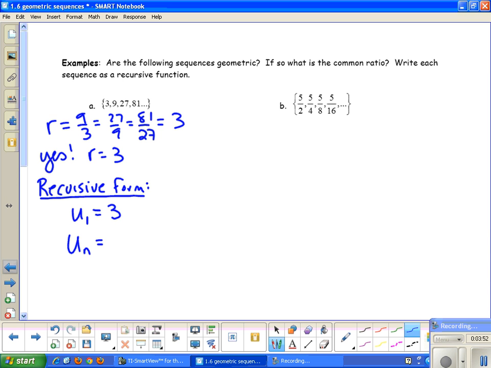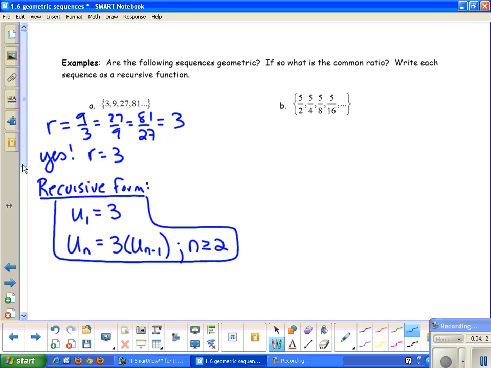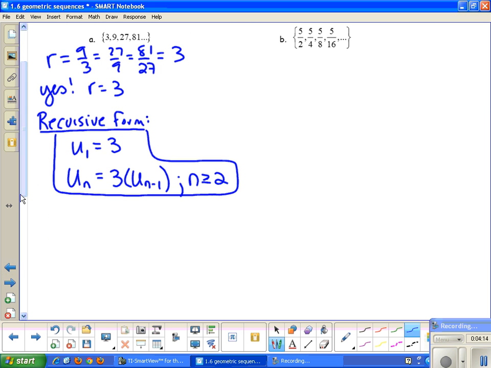So u sub n is equal to my common ratio, which is 3, times the previous term, and this is for n values greater than or equal to 2 for this formula. So that would be my recursive form. And remember, for recursive form, in order to find like the 20th term, I would have to find all the preceding terms up to that value in order to find it.